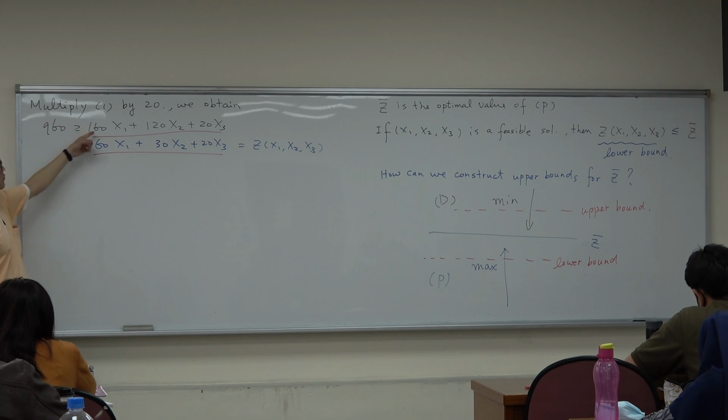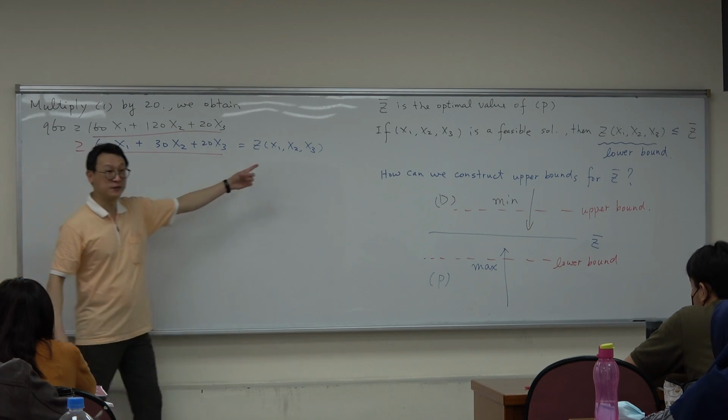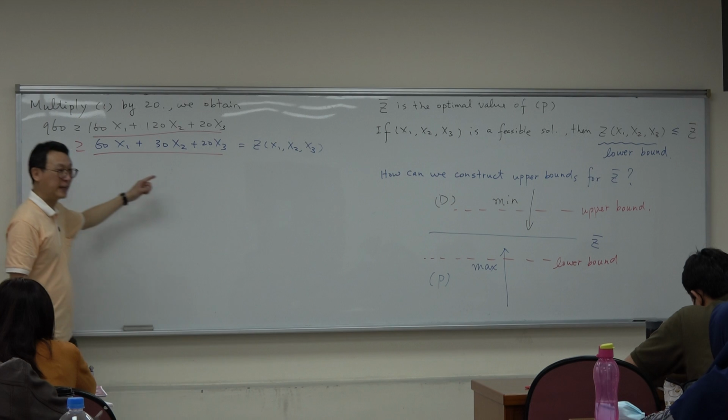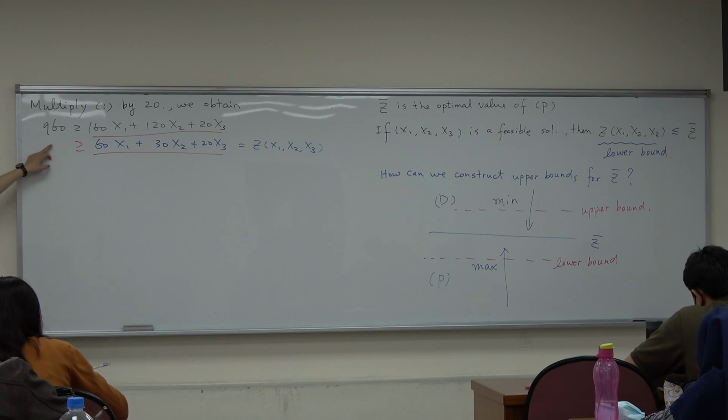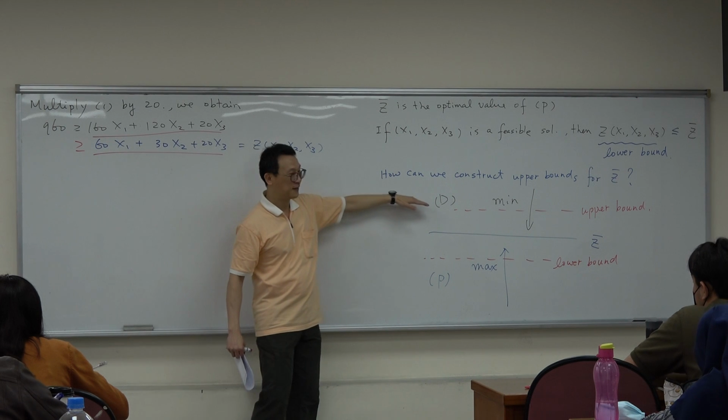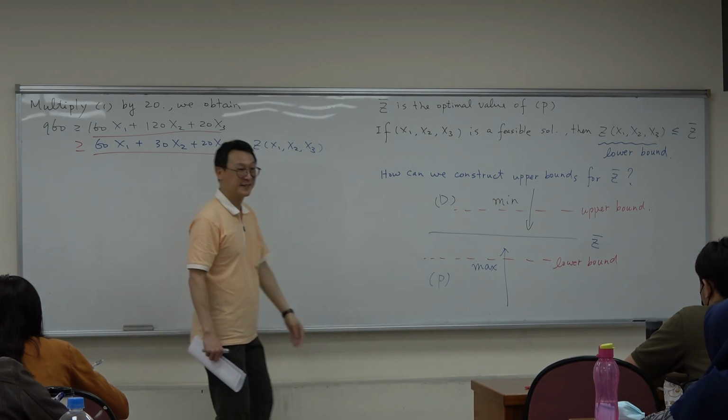So the black one is greater than or equal to the blue one. Okay. So what does that mean? It means that our objective function value is less than 960. So here we can try to construct the upper bound.